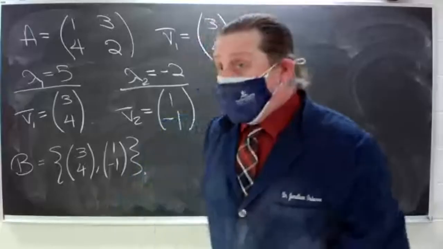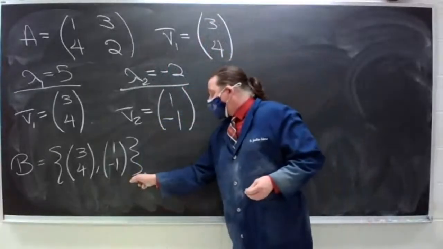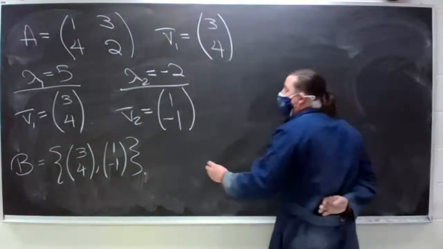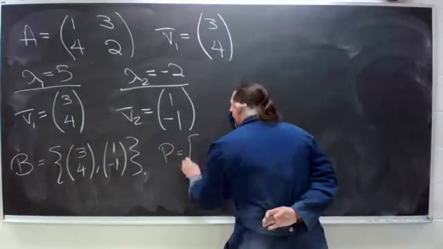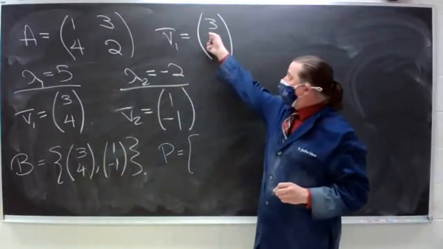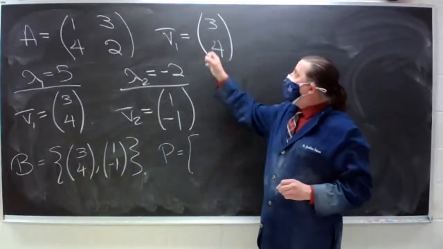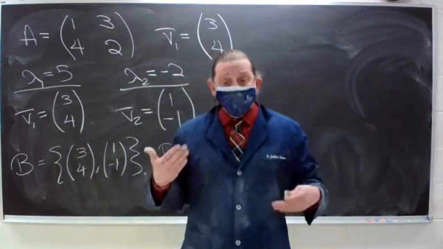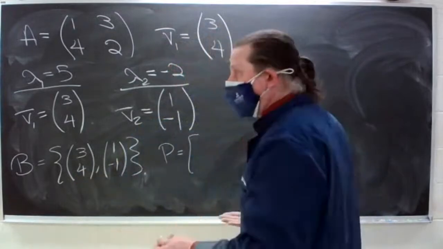So if I want to write this matrix in this basis, I need a change of basis matrix. I'm going to use matrix P. Its columns are going to be the eigenvectors, my new basis.